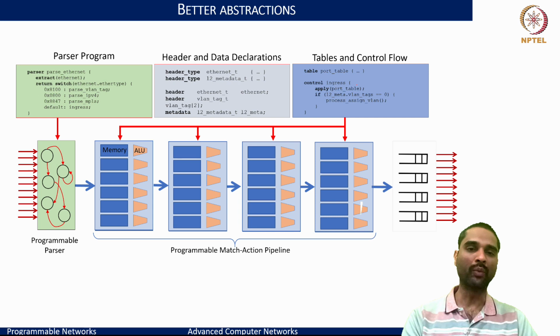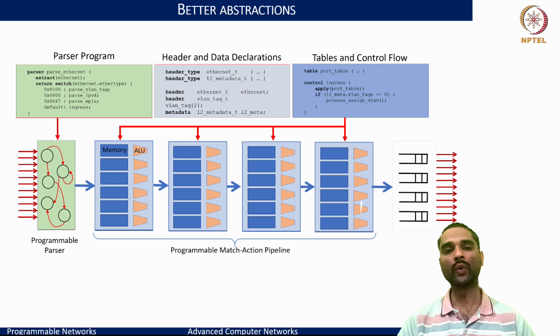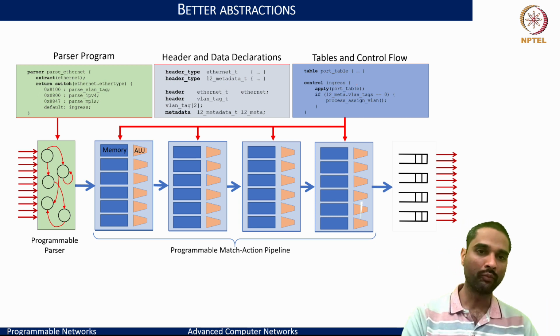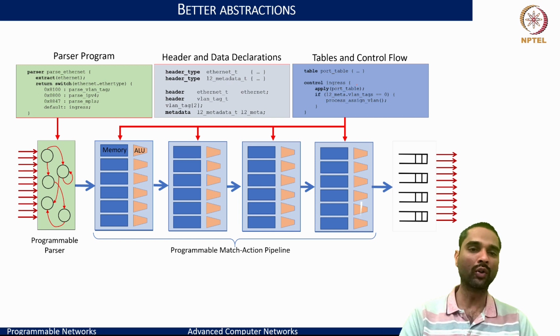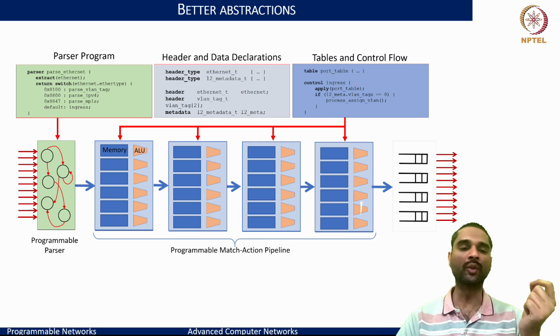In this example, we can see that if I have to build a parser, it would start with layer 2, a typical Ethernet, and then from the ether type you would extract what the next higher layer is, be it VLAN, IPv4, or MPLS. If nothing matches, you fall back on the default ingress approach, wherein any packet that has come, you just treat it with respect to the port.